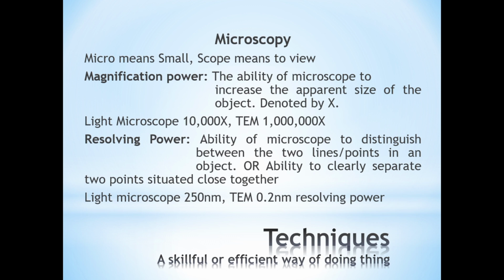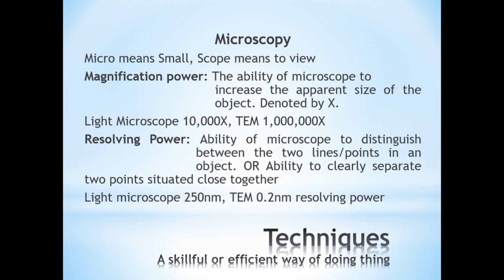Now, what is resolution? It is the ability of a microscope to distinguish as distinct objects those that lie in close proximity. Or the resolution power is the ability to distinguish close objects as being separate from one another, or the ability of the microscope to distinguish between two points in an object, to clearly separate two points situated close together.